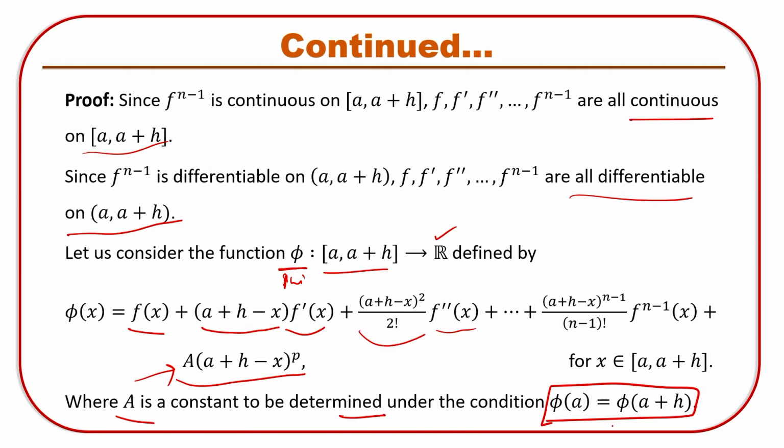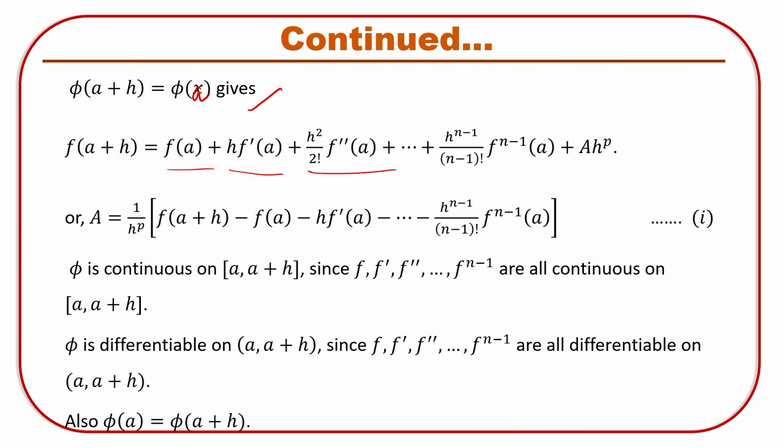So, we have taken phi(a) equal to phi(a plus h). This will give you A times h to the power p, or A equal to 1 by h to the power p into f(a plus h) minus f(a) minus h f'(a) minus and so on, right.